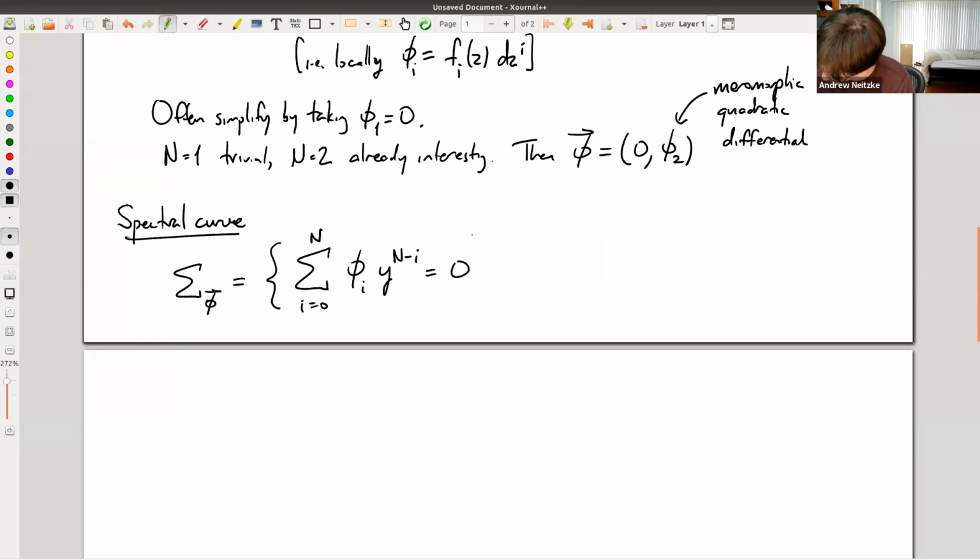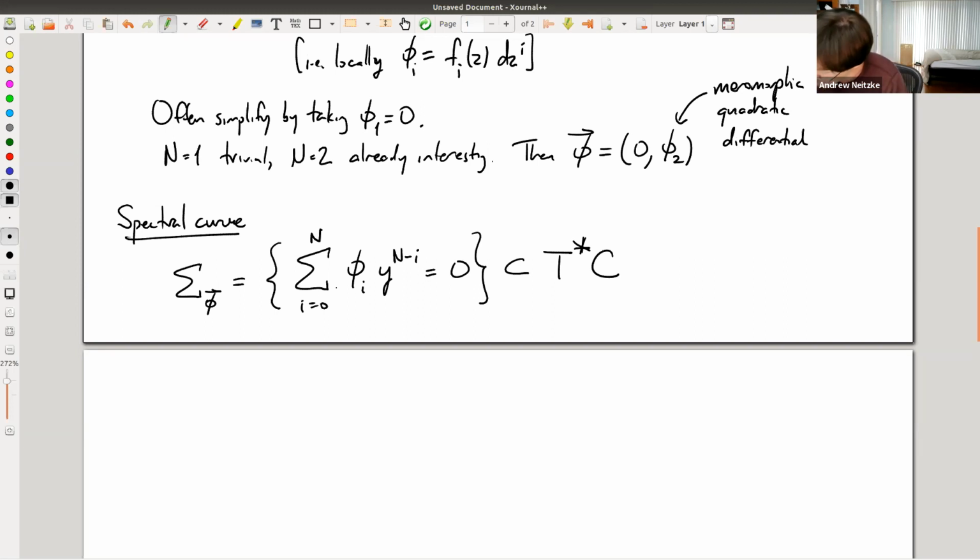So it's an equation in the cotangent bundle of C. So think of this y as a coordinate in the cotangent fiber. And phi_i are our differentials, which live on the base. It's a well-defined equation, which defines some curve sitting inside the cotangent bundle of the surface.